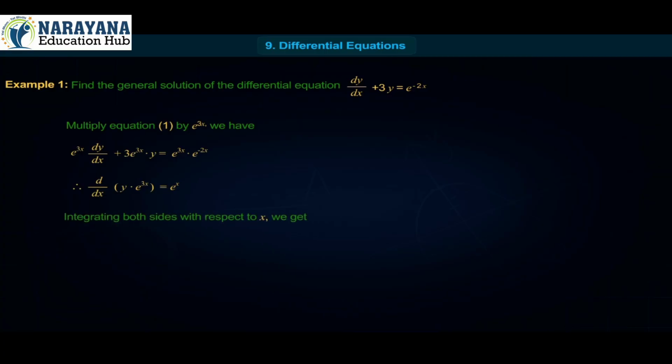Integrating both sides with respect to x, we get y into e raised to 3x is equal to integration e raised to x dx. Therefore, y into e raised to 3x is equal to e raised to x plus c. Therefore, y is equal to e raised to minus 2x plus c e raised to minus 3x, which is a general solution of the given differential equation.